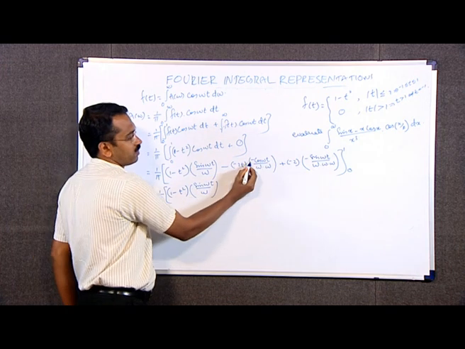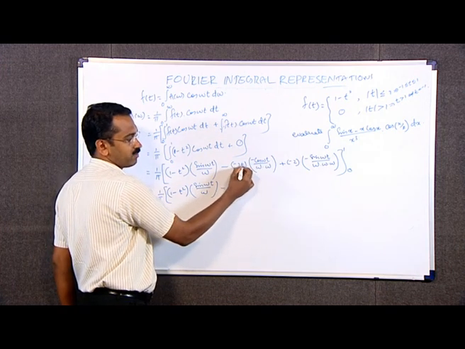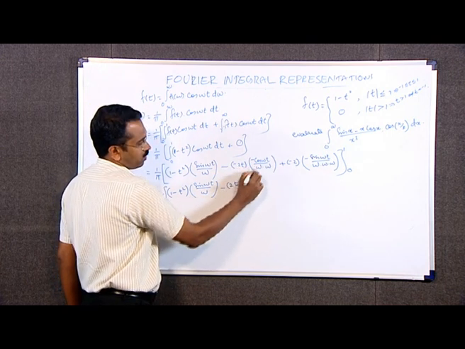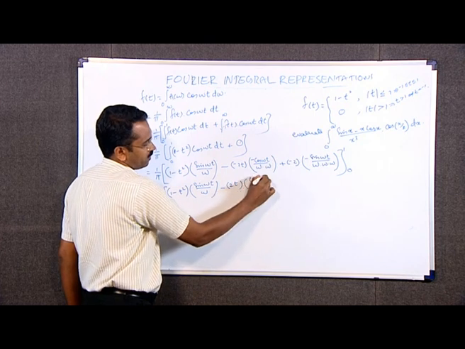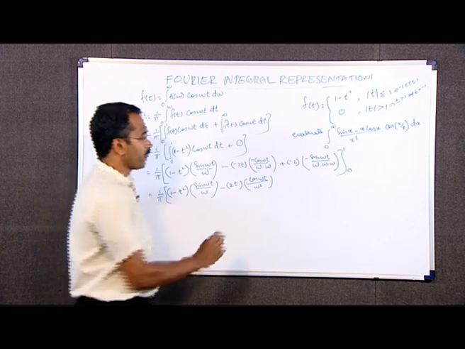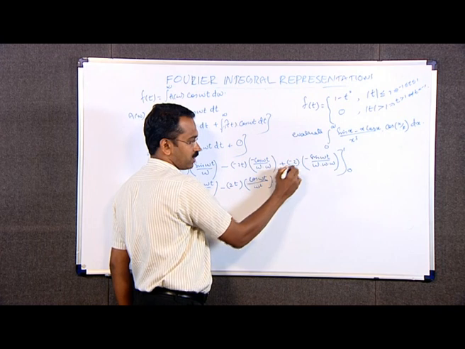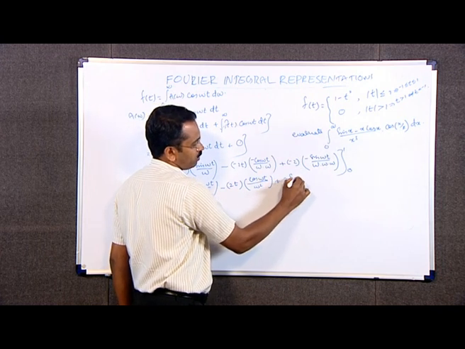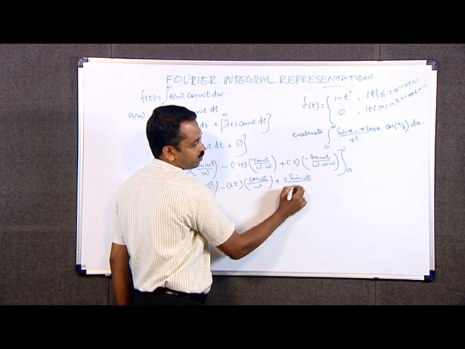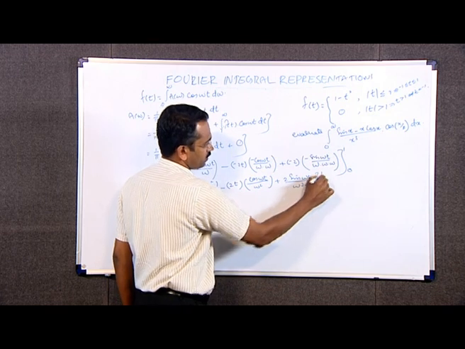Here there are 3 negatives, therefore, in effect this will become negative 2t into cos omega t divided by omega into omega is omega square. Here there are 2 negatives, therefore, in effect it is plus 2 into sin omega t divided by omega into omega is omega cube, between the limits 0 and 1.